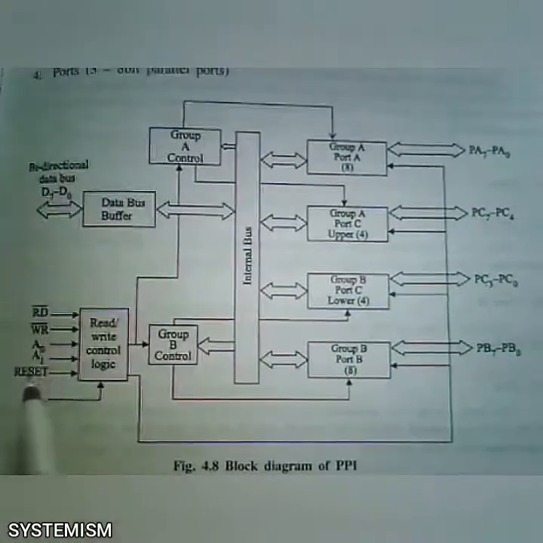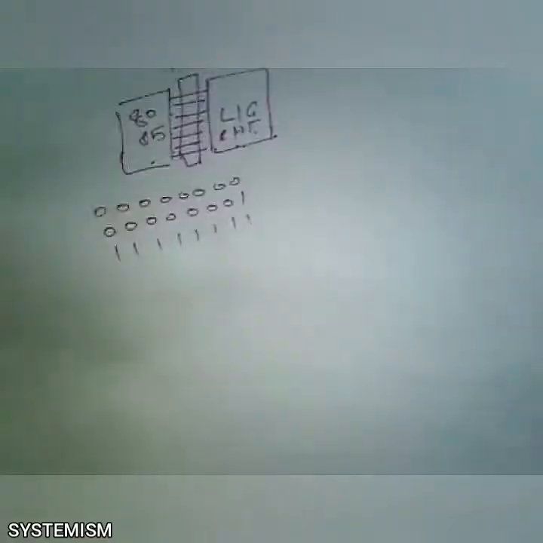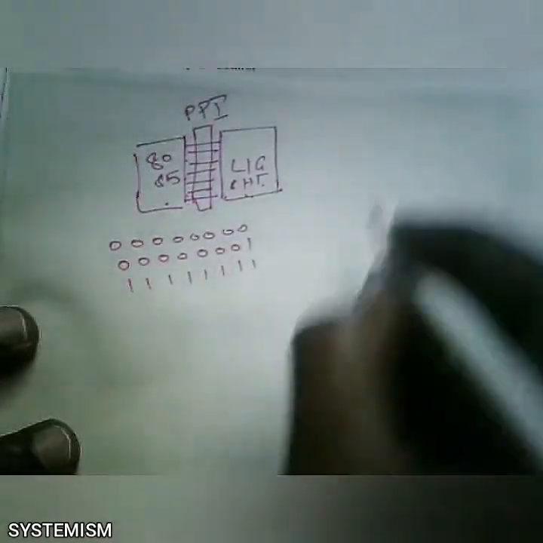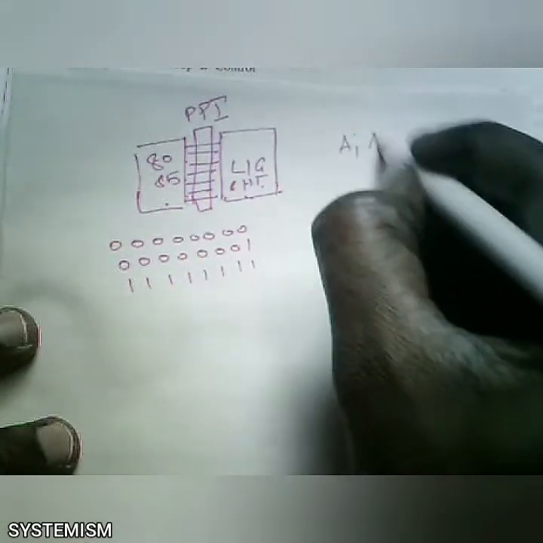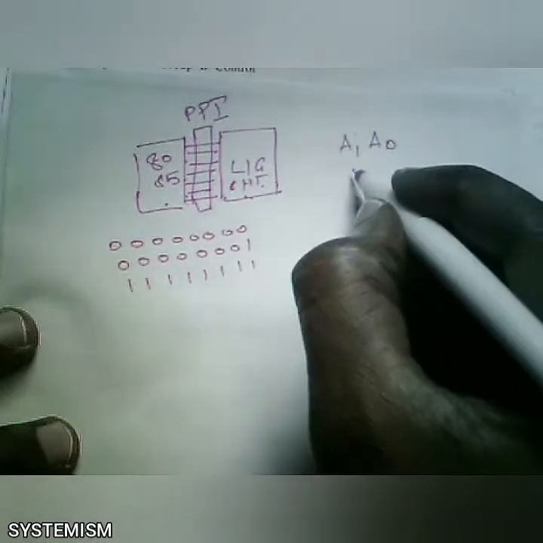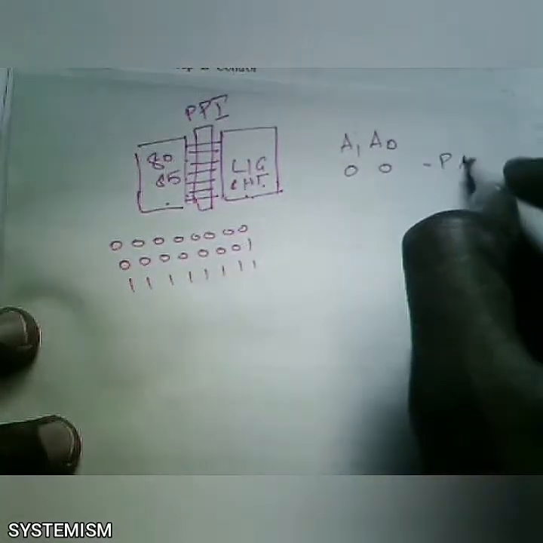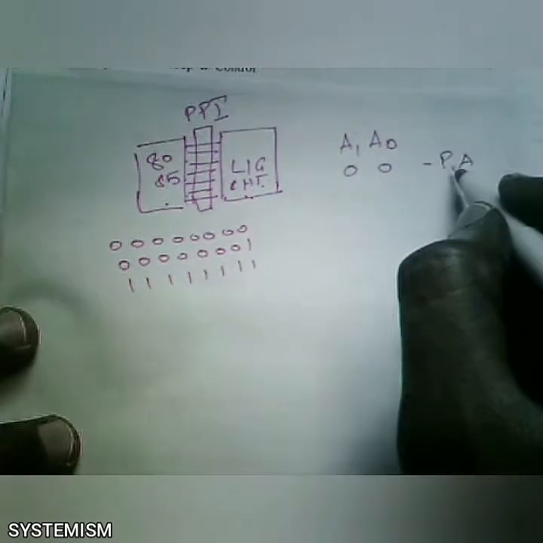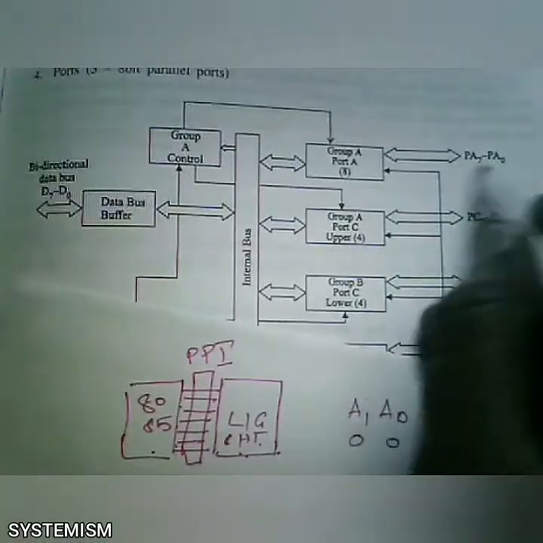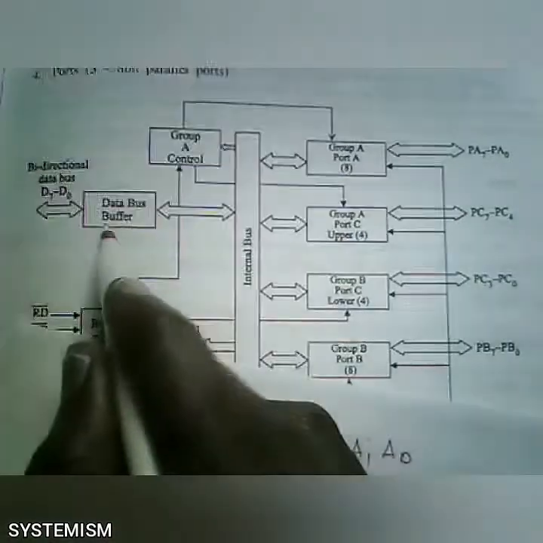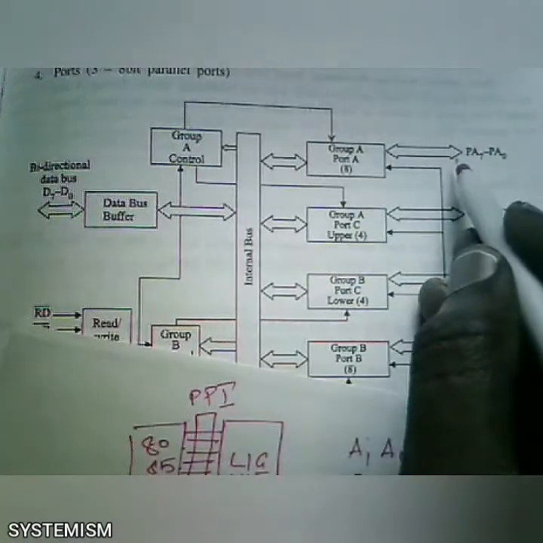If A1 A0 is 0 0, then port A is selected, so the data coming here will be transmitted to this port.